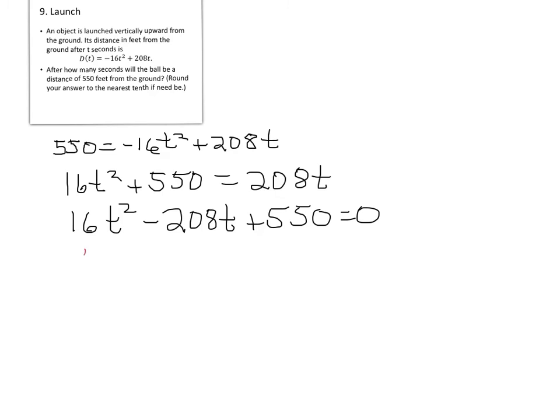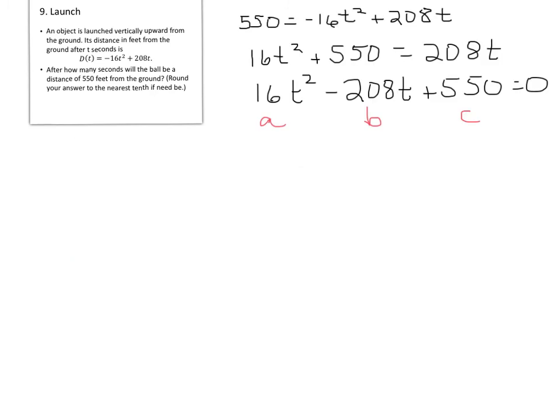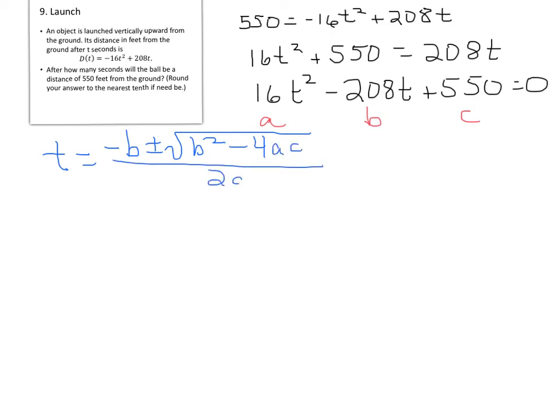And so 16 is a, negative 208 is b, and 550 is c. The quadratic formula says that your variable is going to be equal to negative b plus or minus the square root of b squared minus 4ac, over 2a.